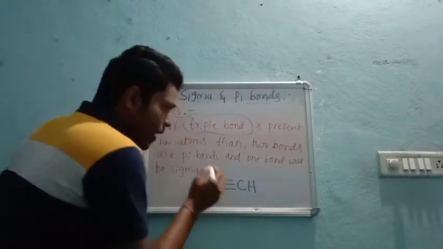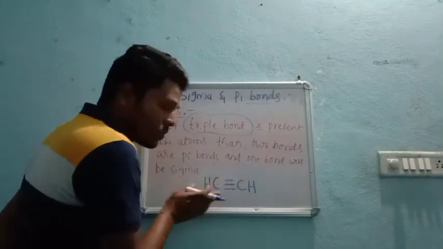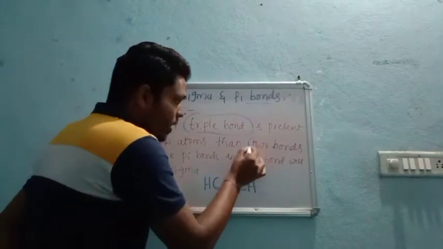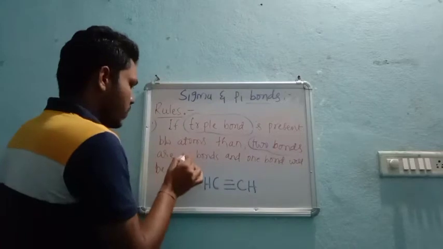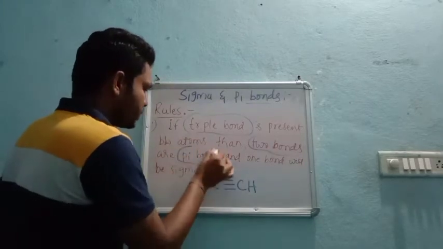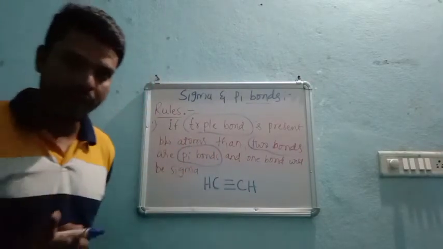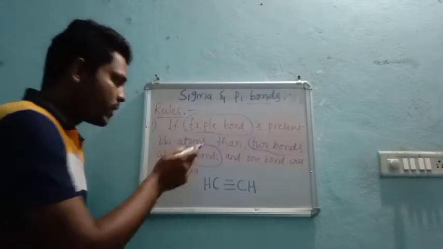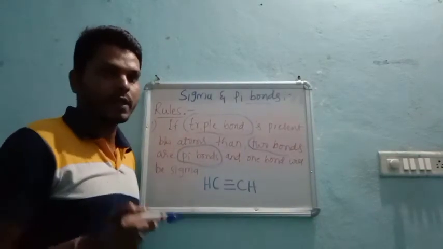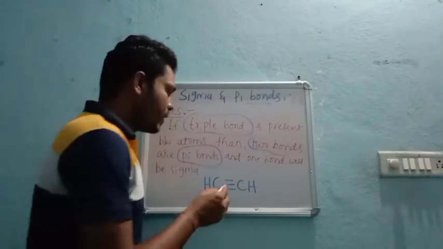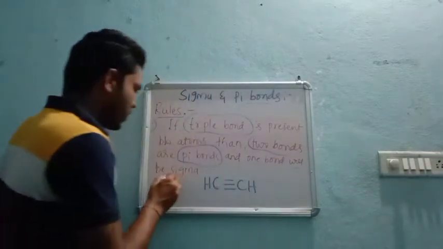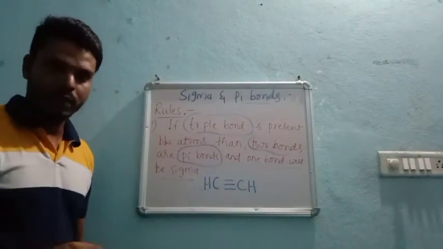among these three bonds, two bonds are always pi bonds, and the remaining one bond will be a sigma bond. Very important.